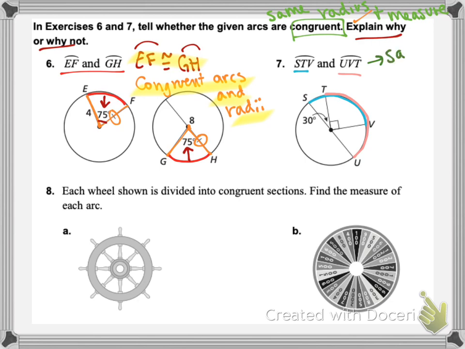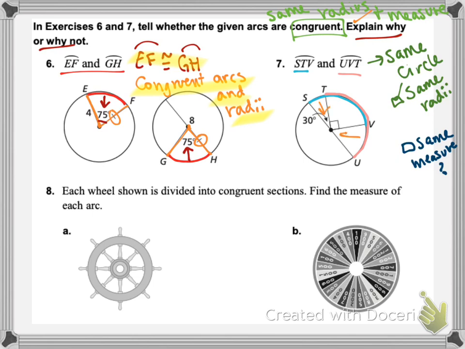Whenever it's the same circle, that means they have to have the same radius, because the radius is the same all the way around. So then the question at hand is, do they have the same measure? So what we need to do first is figure out these missing pieces.